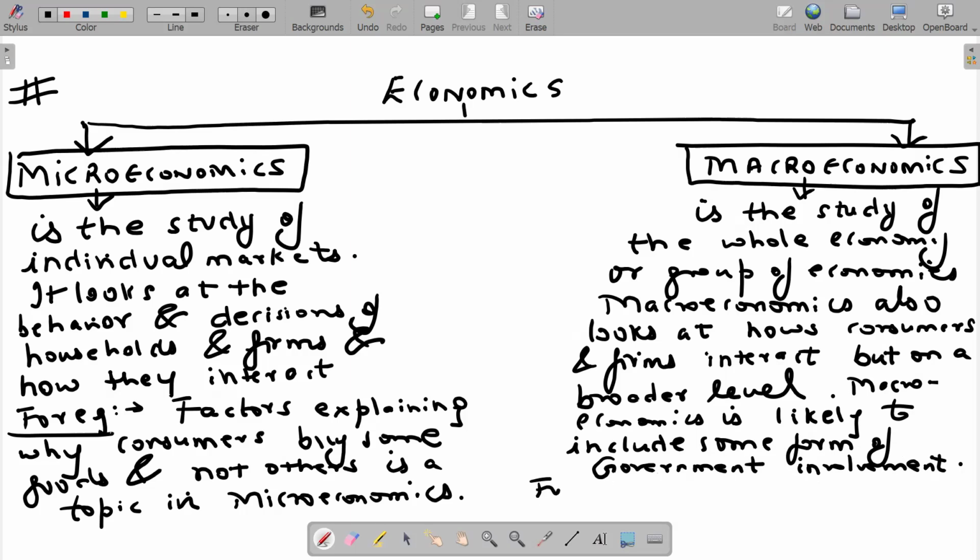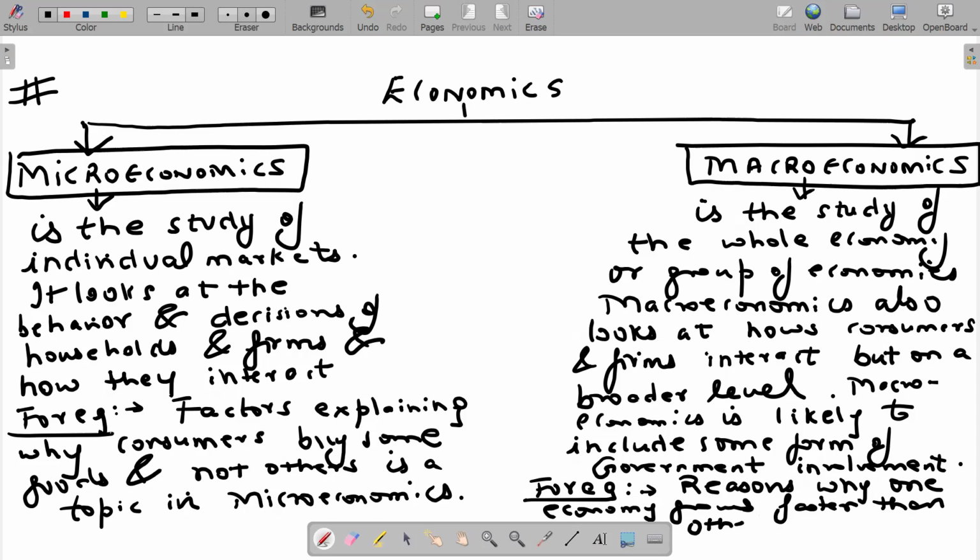An example would be, suppose I want to look at inflation: why is the economy experiencing such high inflation, or why does one economy grow much faster than the other. All these are topics we do within the macroeconomics course. So the reasons why one economy grows faster than the other is a topic in macroeconomics.